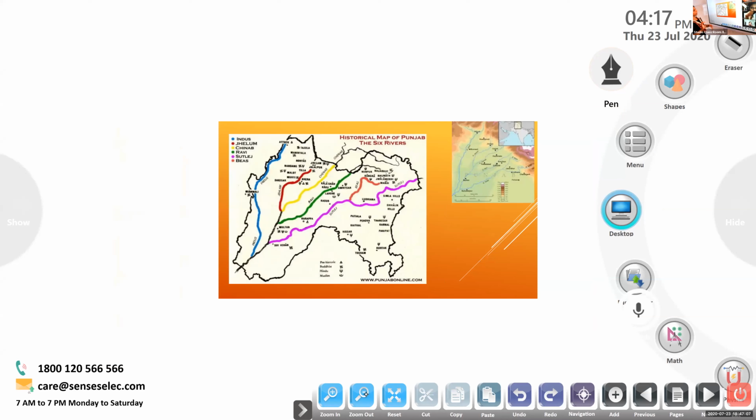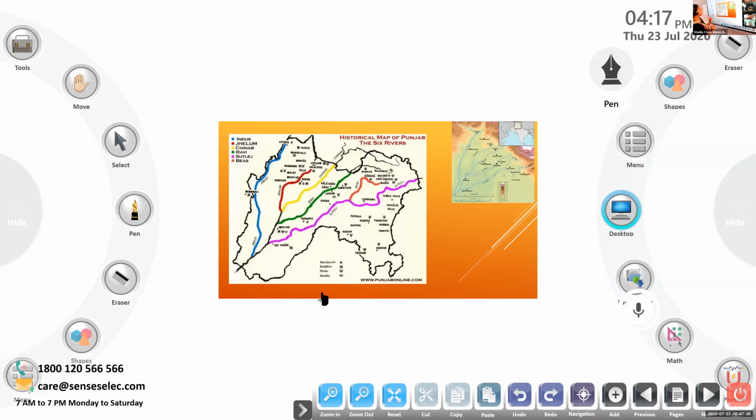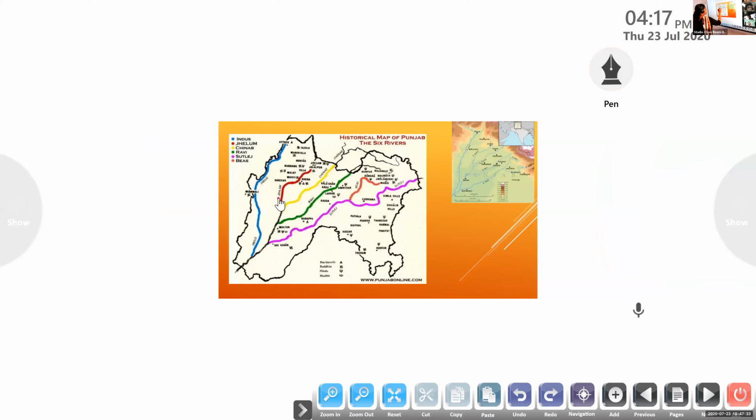We learned that the Punjab plain is formed by the river Indus and its tributaries. You remember the sentence? Here you can see the river Indus, blue color, right? The river Indus has 5 tributaries. What are they? Jhelum, Chenab, Ravi, Satluj, and Beas.